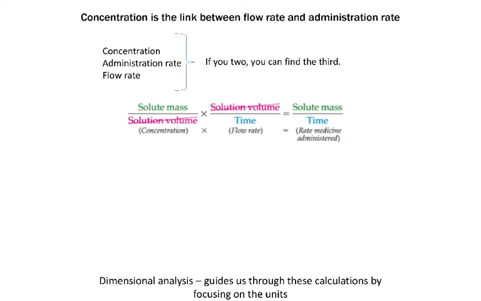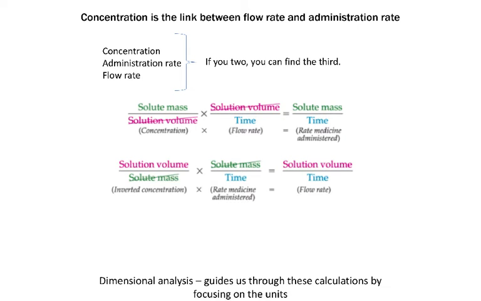Okay, if we wanted to find the flow rate, right, we want volume on top, we can invert the concentration, multiply by the rate of medicine administered, and that would give us solution volume over time, right?